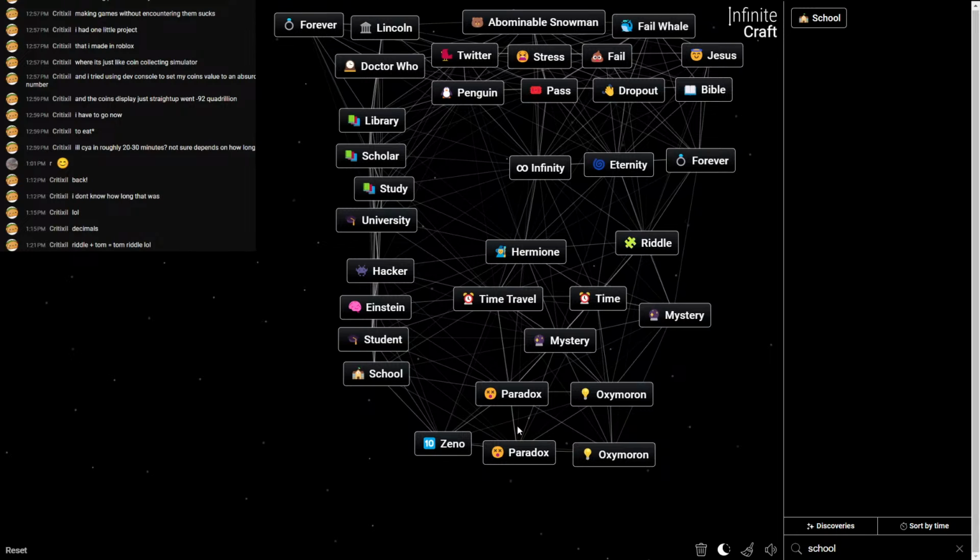A set of paradoxes created by Greek philosopher Zeno of Elea around 490 to 430 BC.